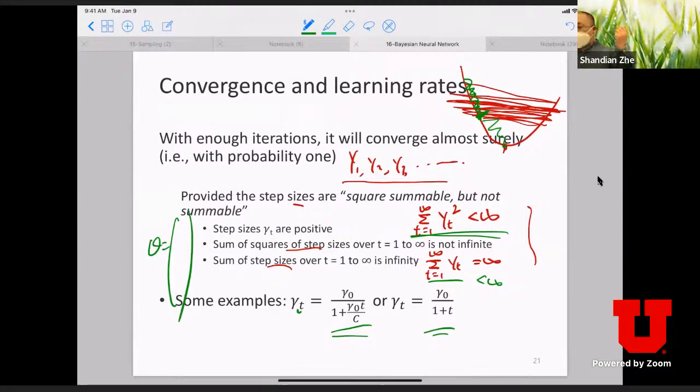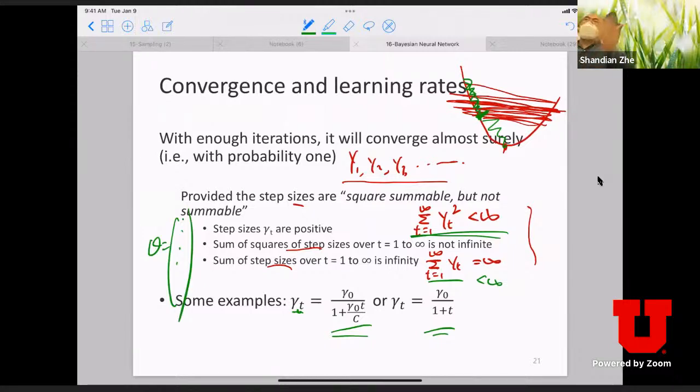You want to do some kind of smart step size adjustment, so that different elements have different step sizes. Then your gamma t will be a vector as well.